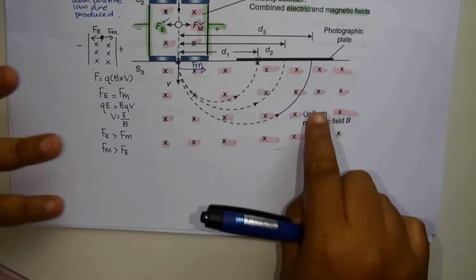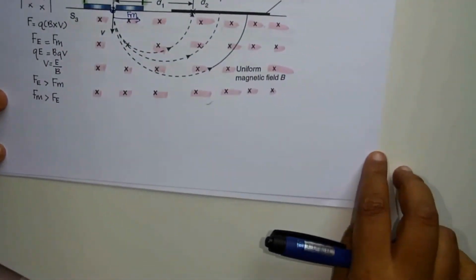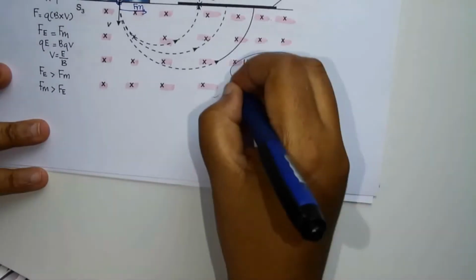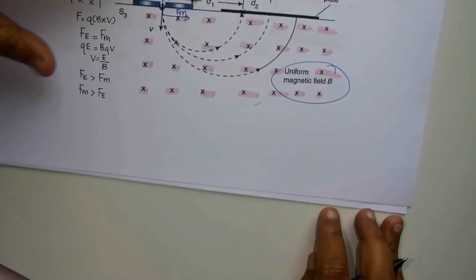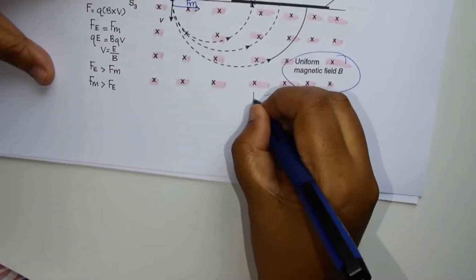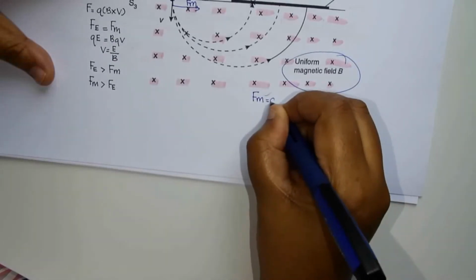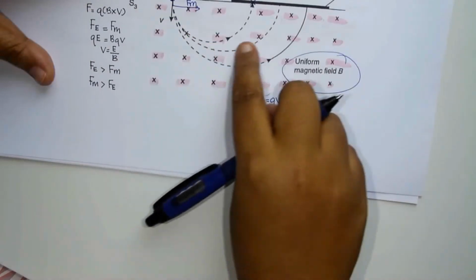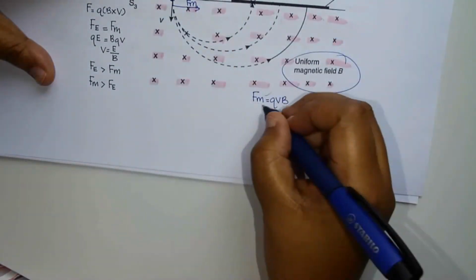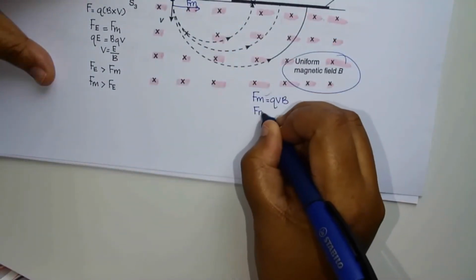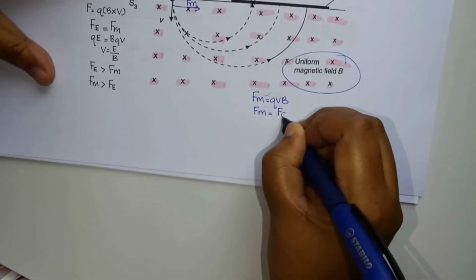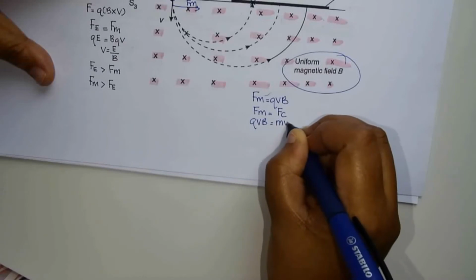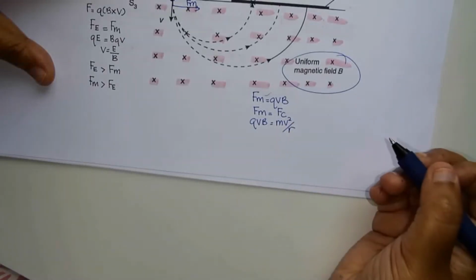Inside here is a uniform magnetic field B. So here Fm is equal to QVB, and since it is a circular path, Fm is equal to Fc. So QVB is equal to mv square over r.